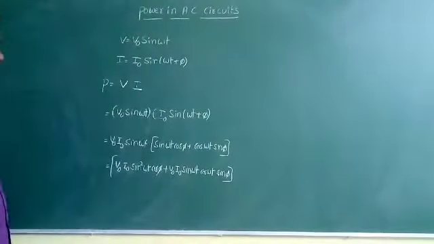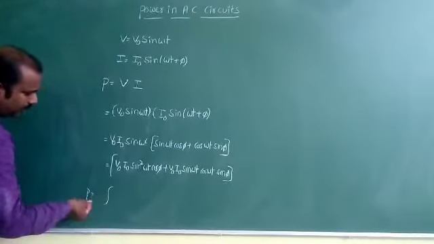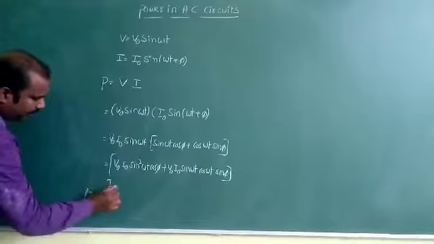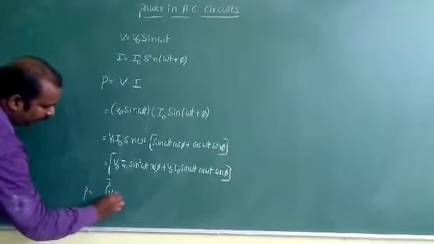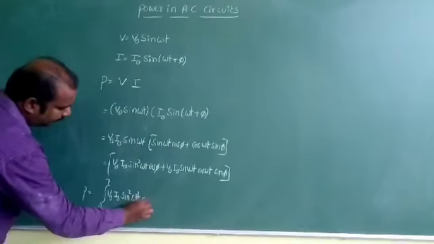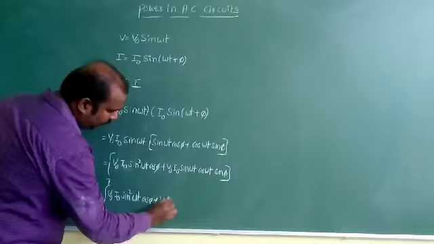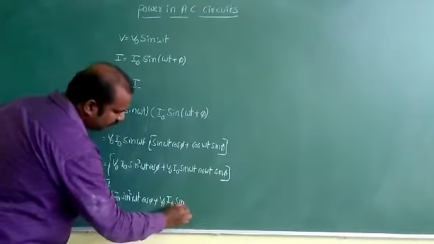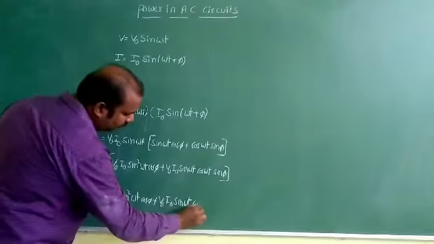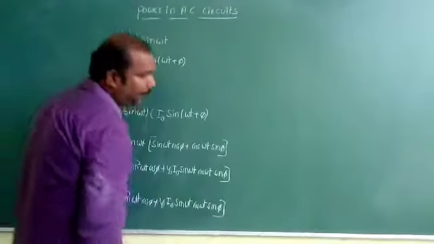Now the average power over the complete cycle is given by P is equal to the integral from 0 to T of V naught I naught sin square omega t cos phi plus V naught I naught sin omega t cos omega t sin phi.